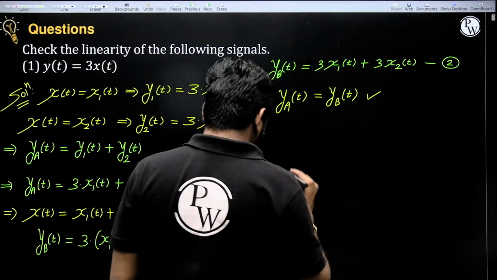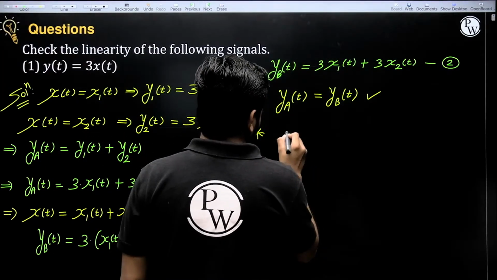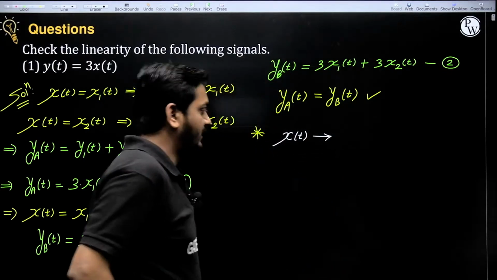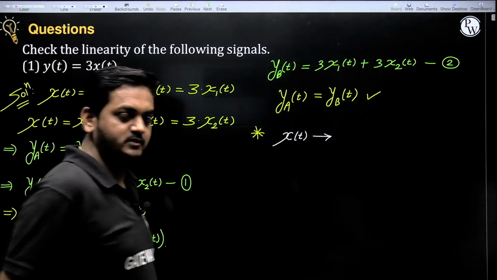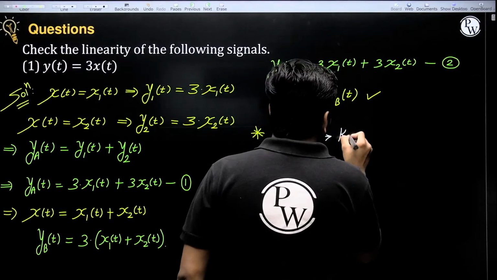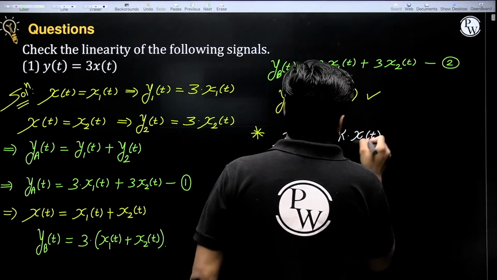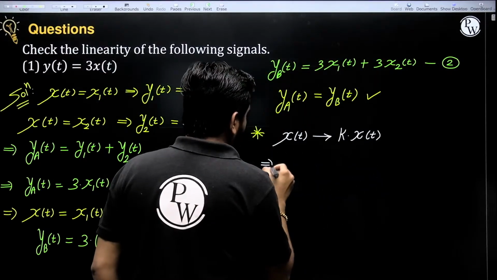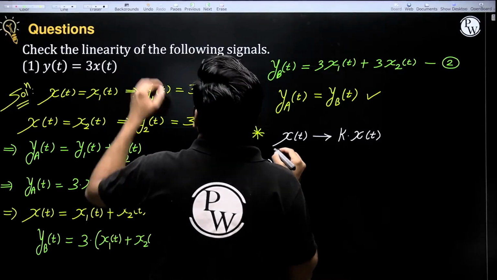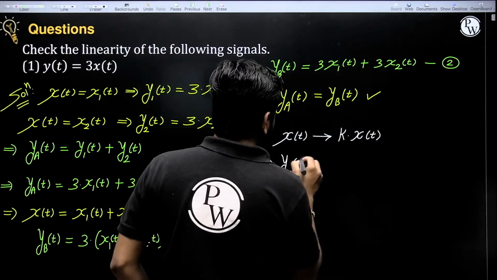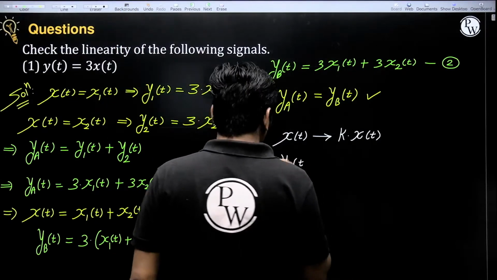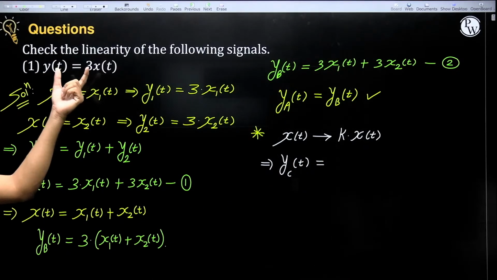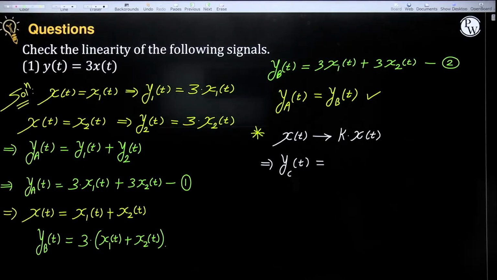the homogeneity theorem. So for the homogeneity theorem, first find the response due to scaled input. Simply replace x of t with k into x of t. So find the response due to scaled input.